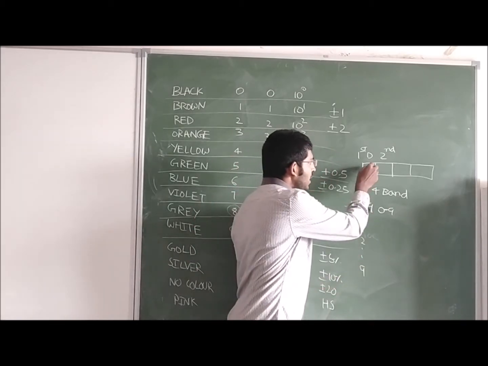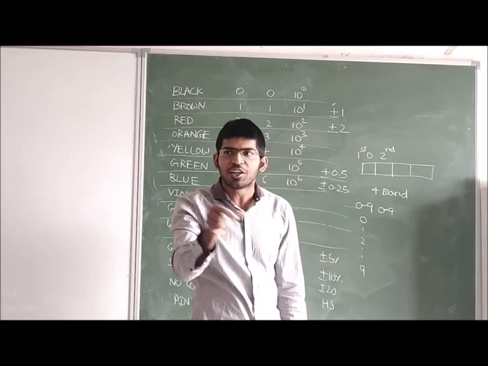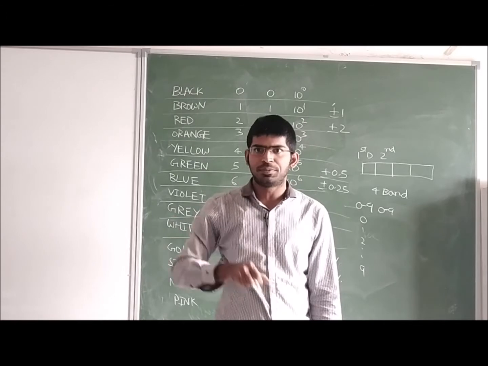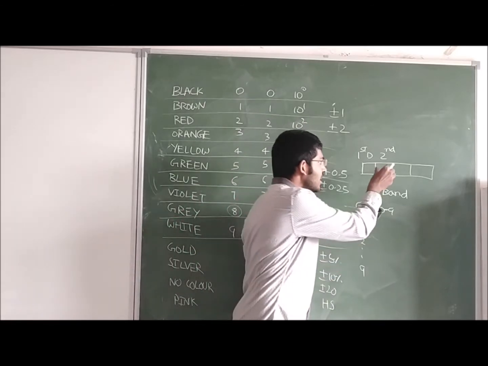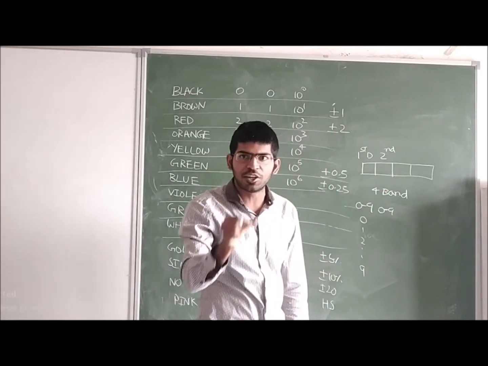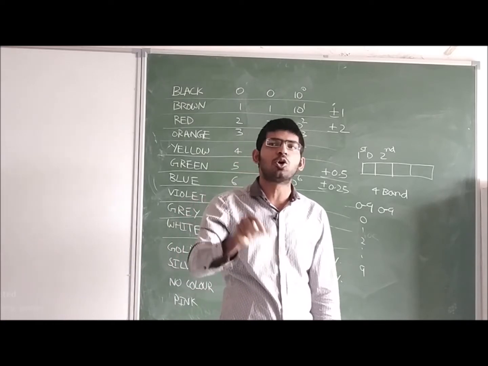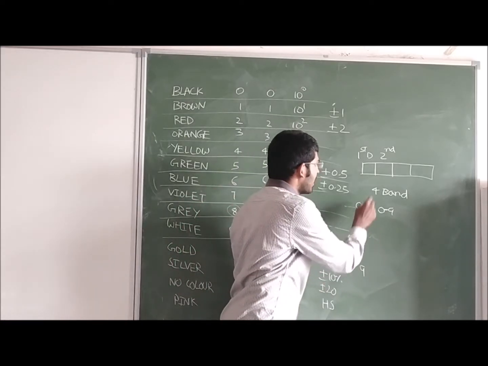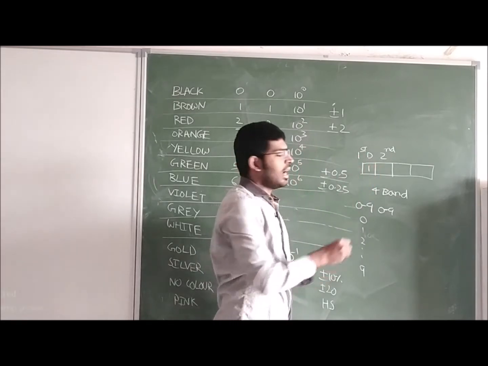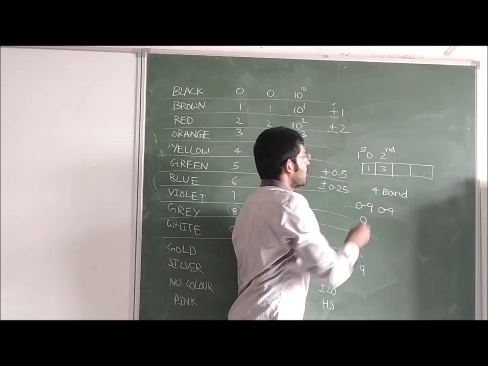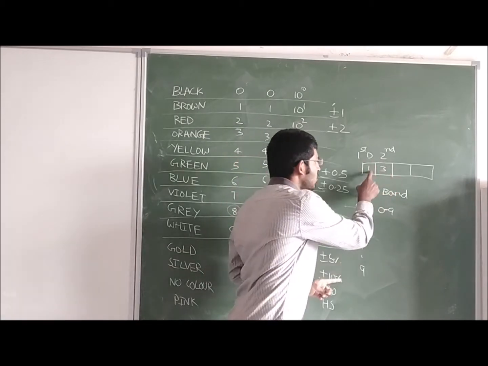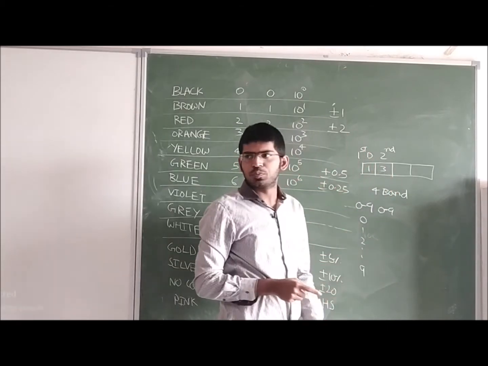Any possibility; in this box we can fit any value in between 0 and 9. Similarly in the second box also we can fit any value in between 0 and 9. Now for example, if I take value 1 and value 3, so these are 2 digits. This is digit 1, this is digit 2.